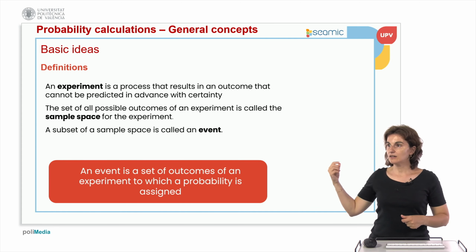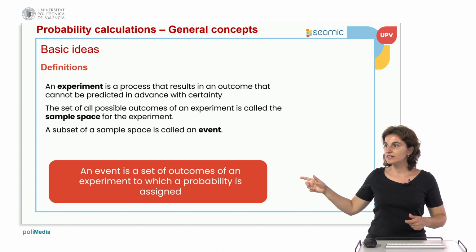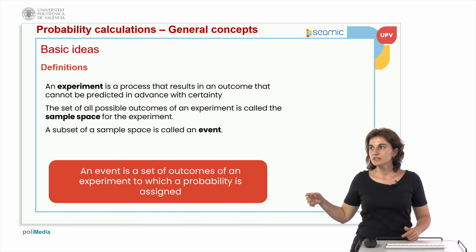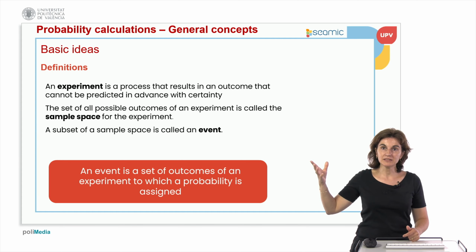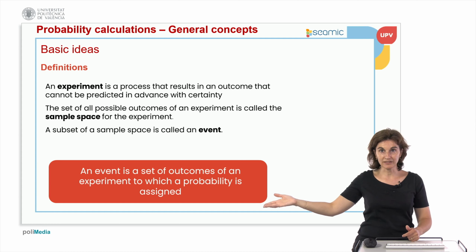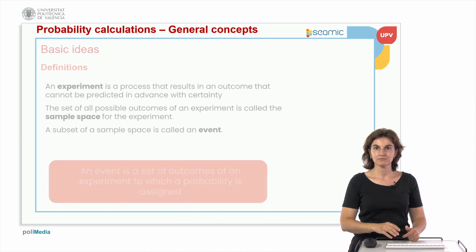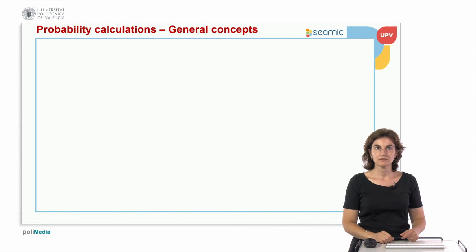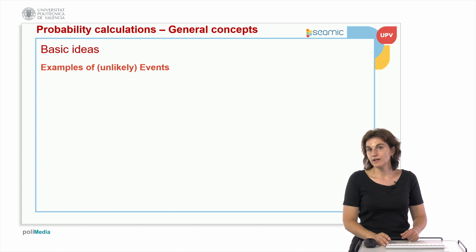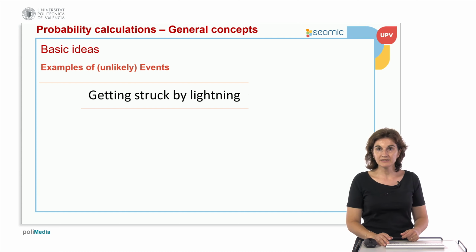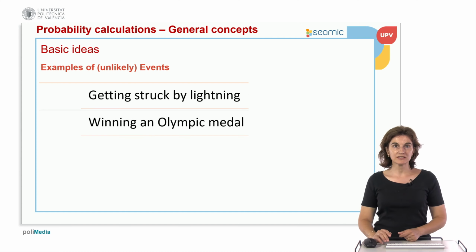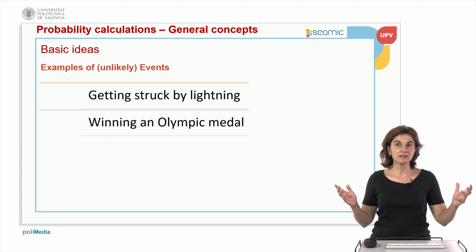So, an event is a set of outcomes that we obtain as a result of this experiment, and there will be a probability that will be assigned to this event. Some examples of events, quite unlikely, would be getting struck by a lightning or, for instance, winning an Olympic medal.